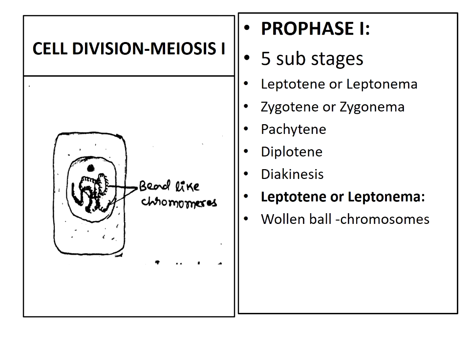In the beginning, the chromosomes appear as a woolen ball, and this structure of chromosomes is called the spireme.